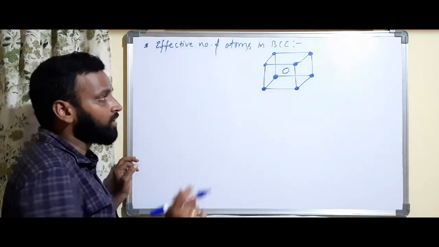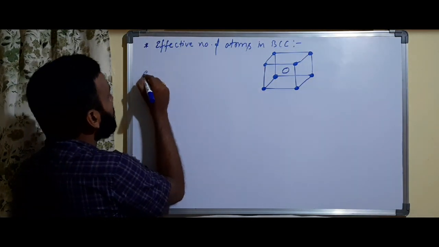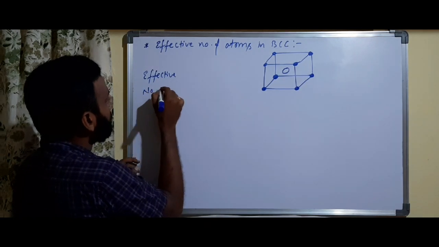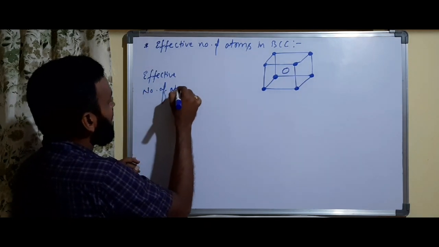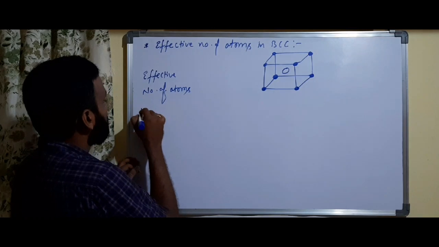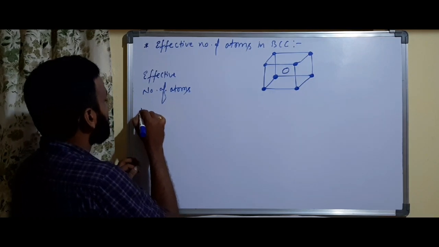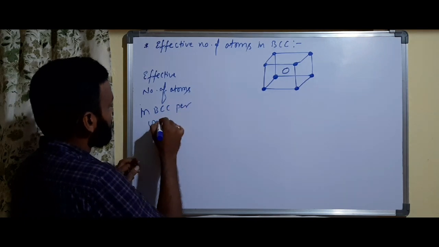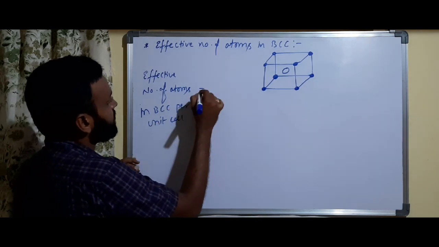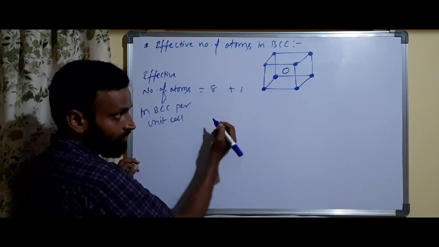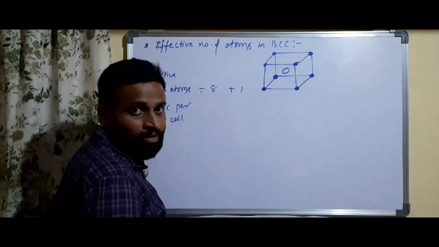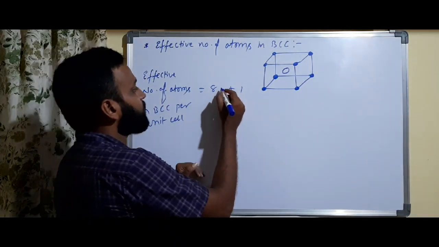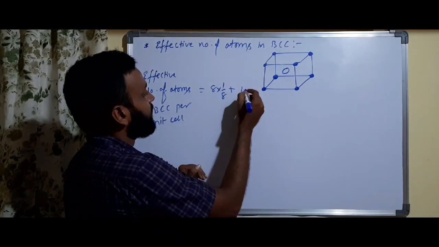So if you are considering how many effective number of atoms per unit cell in BCC, it is 8 plus 1, because 8 corners and 1 body center, and each corner atom is shared by 8 unit cells, so 8 into 1 by 8 plus 1.